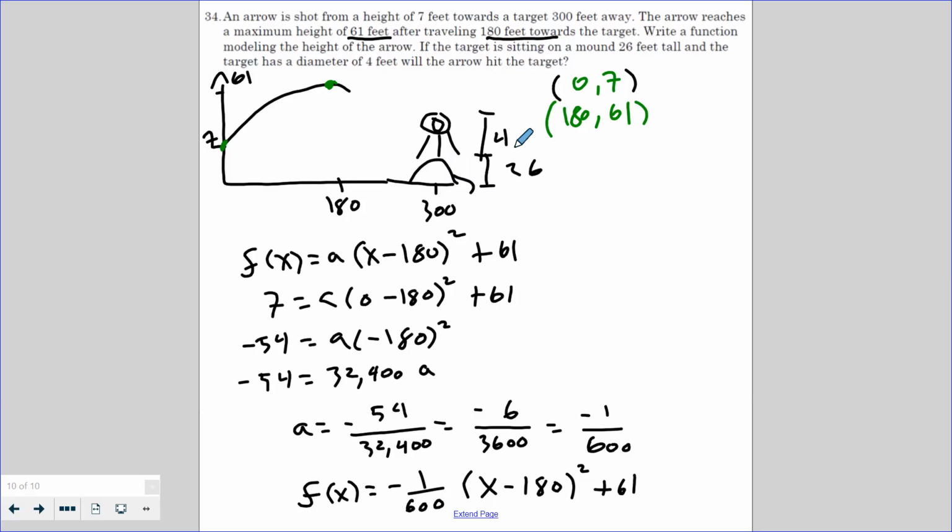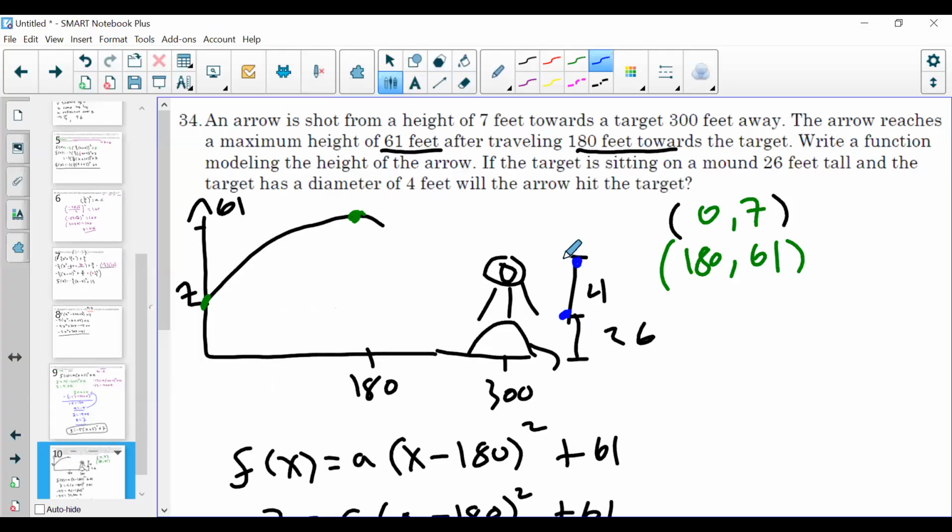So for my y to be able to hit the target, the target's going to go from this blue dot up to that blue dot. This is a terrible drawing, so don't worry about what it looks like. So I want my y value to be between 26 and 30, because it's on top of a hill that's 26 feet tall, and the target is 4 feet tall.